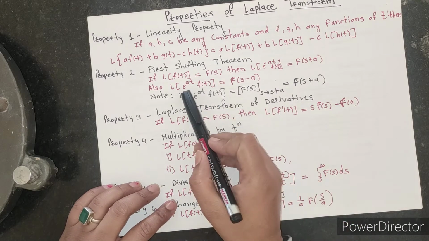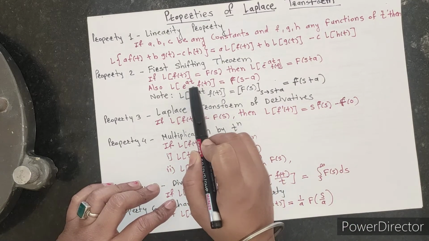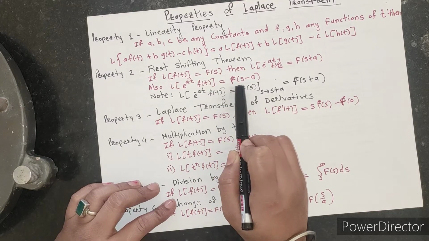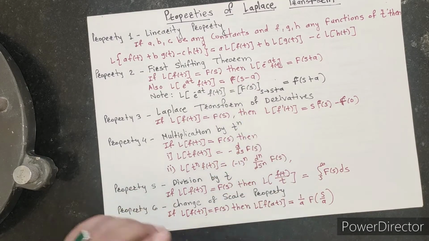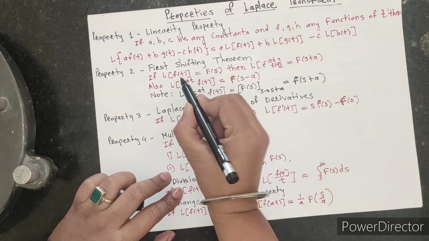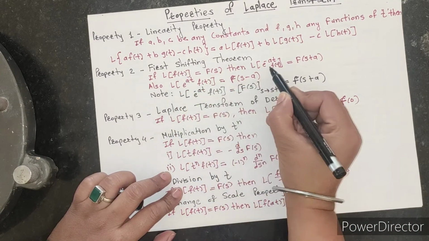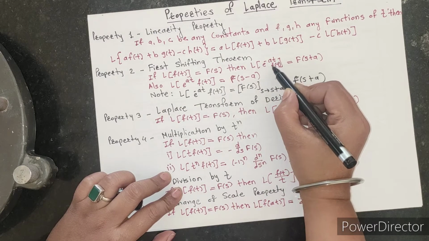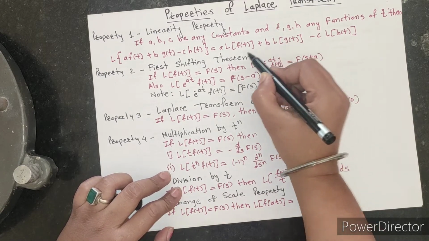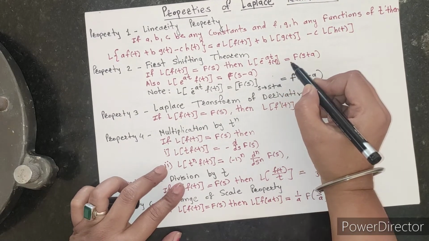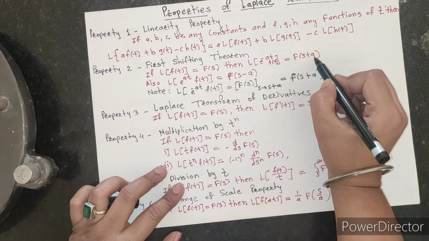Also, Laplace transform of e raised to at into f(t) is equal to F(s minus a). That means if we multiply f(t) by e raised to minus at and find the Laplace transform of this product, then it is F(s plus a).